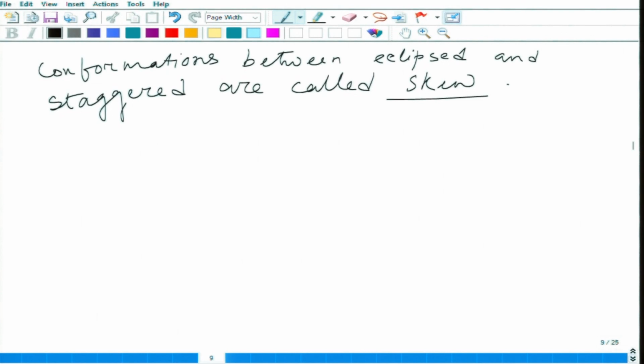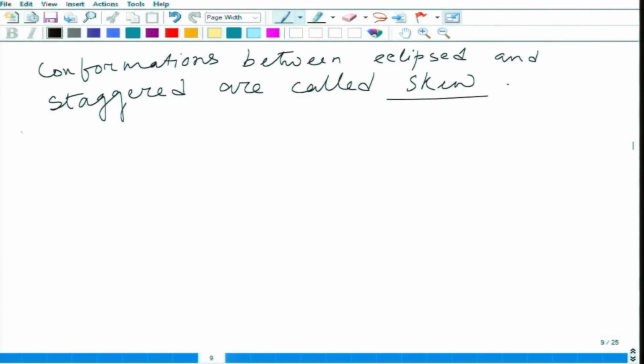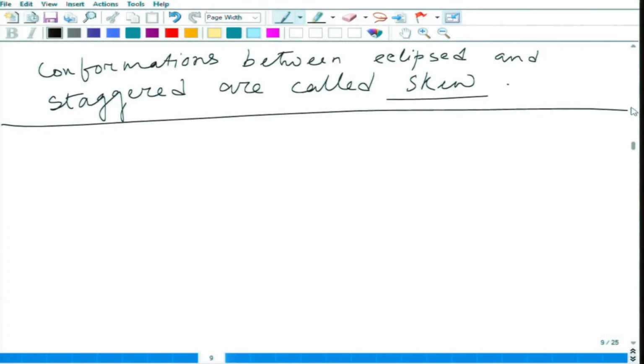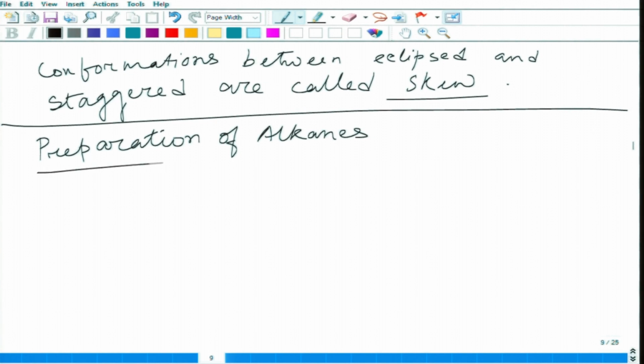So, we have discussed about the conformations and structural isomers of alkanes. Now, we will study about the preparation of alkanes, or how the alkanes are prepared from other type of compounds. So, we will start preparation of alkanes.